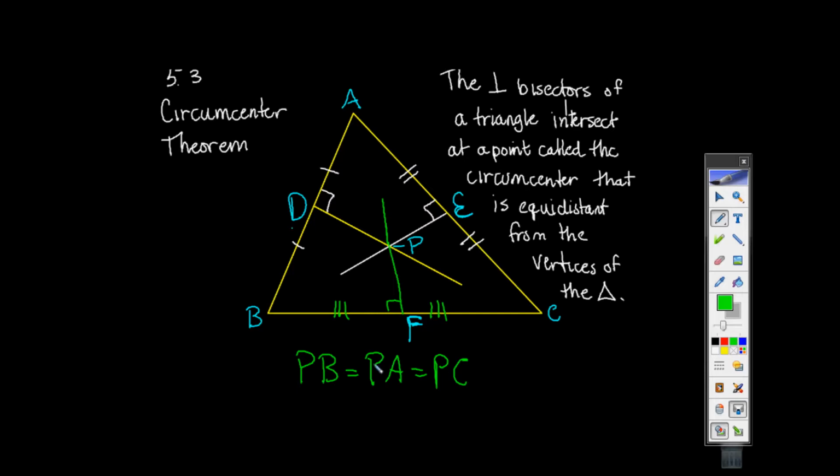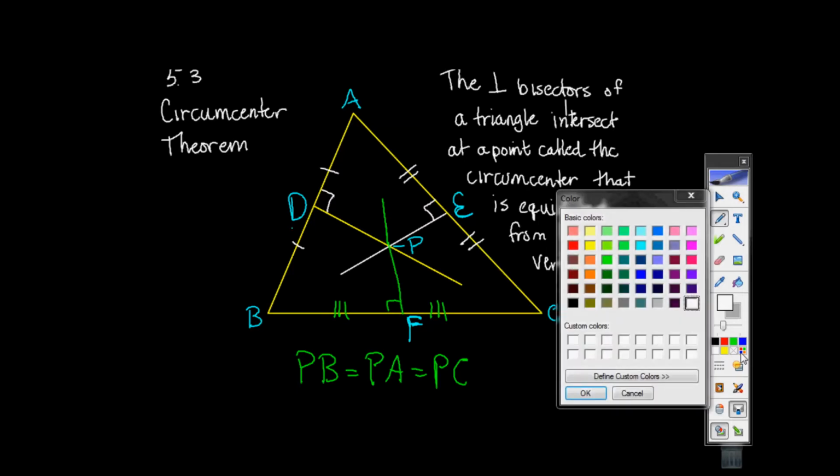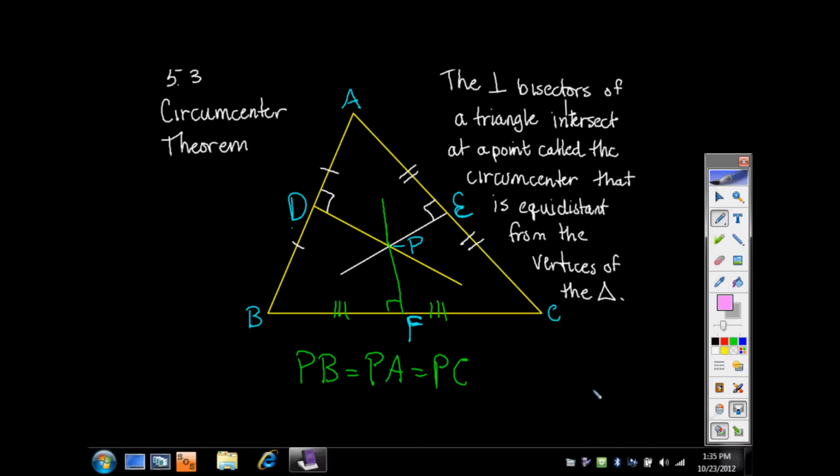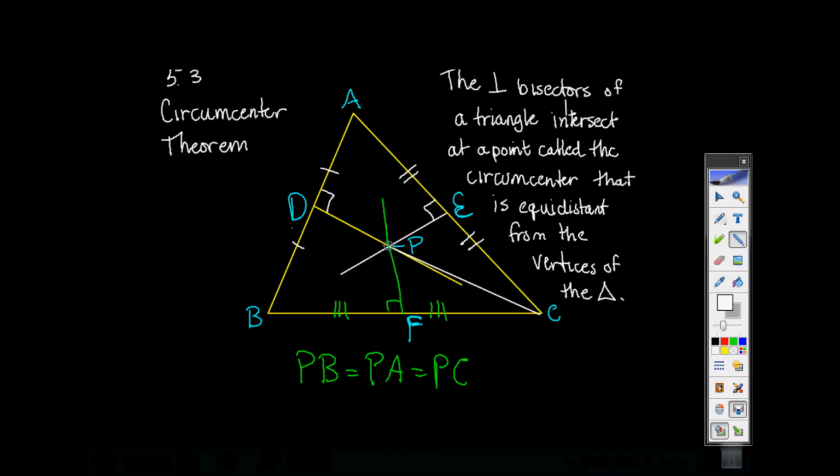So if I create lines from C to P, from B to P, and from A to P, these three lines are going to be the same length.